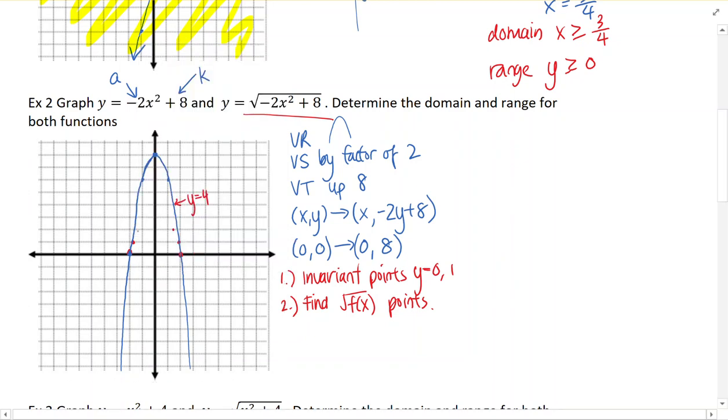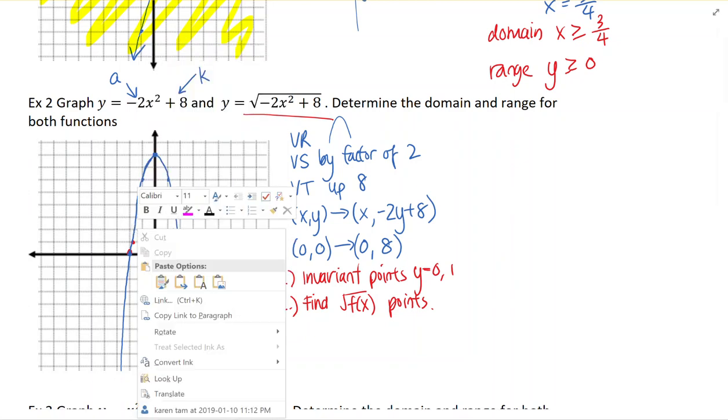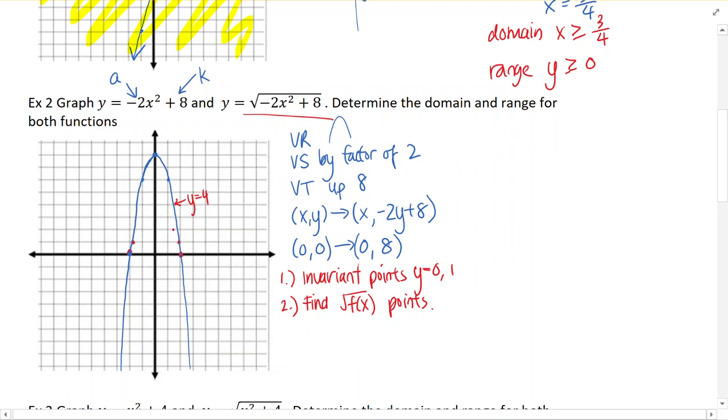It is just being very, very picky right now. There we go. And another key point is, we do know this vertex point will have to be square rooted. So the square root of 8 is 2.8-ish. So it's going to be about there. That point's going to be square rooted down.